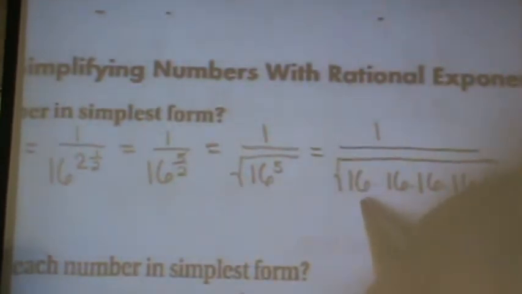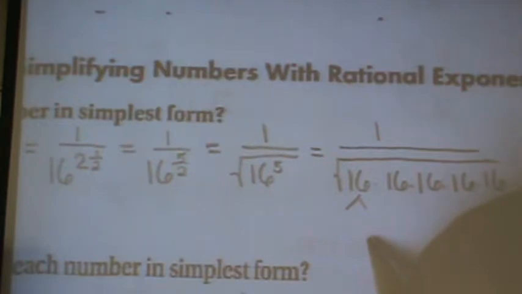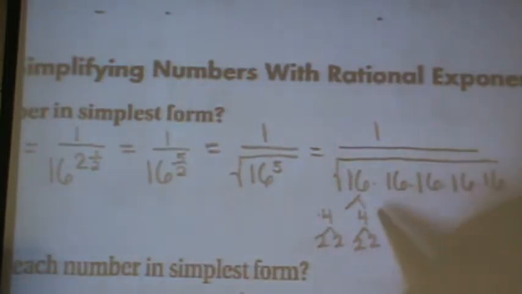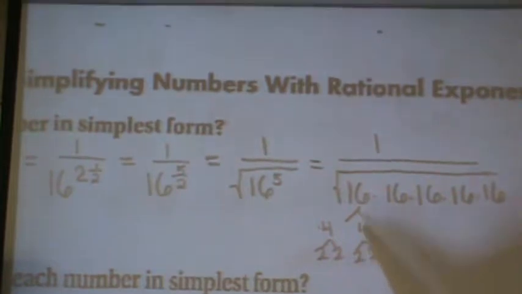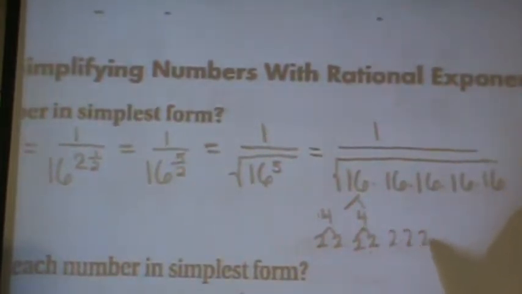What is another name for 16? 4 and 4, or 2, 2, 2, and 4 is 2 times 2. So do you agree that we've got 1, 2, 3, 4 2's here, and then we have 4 more, and 4 more, and 4 more.